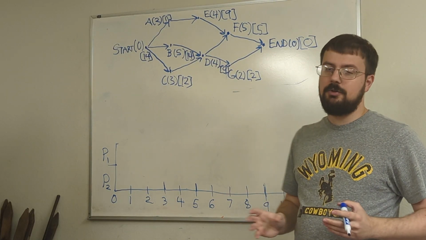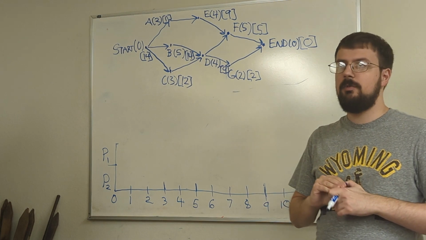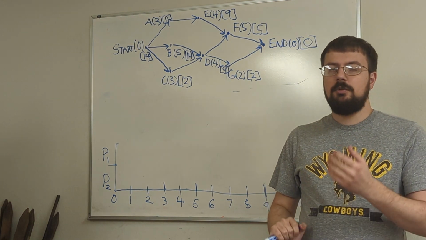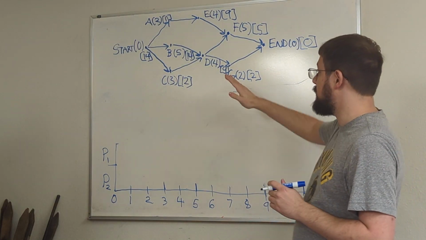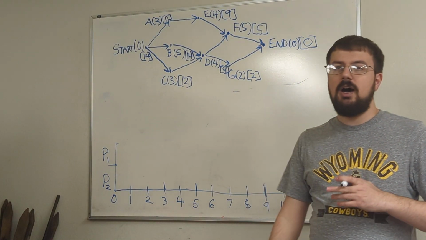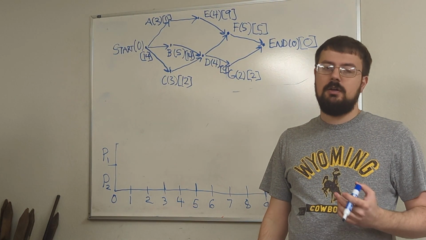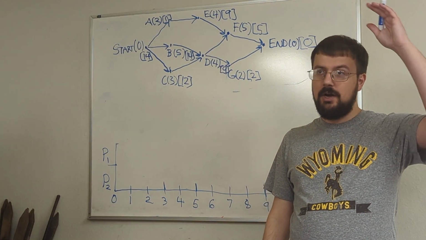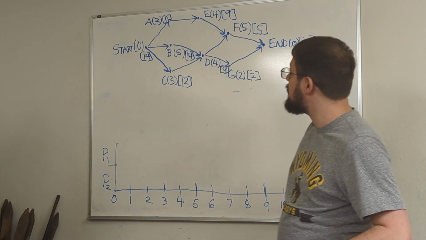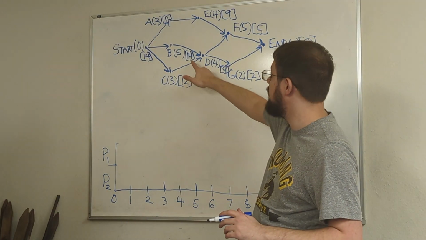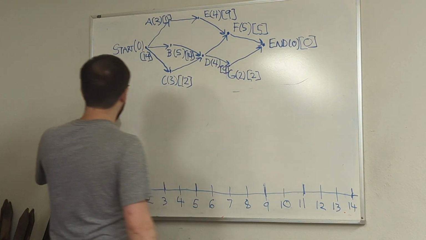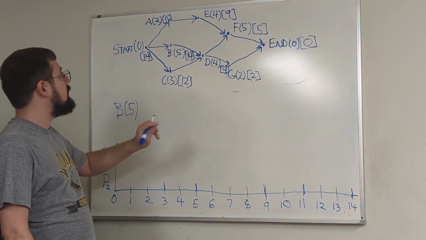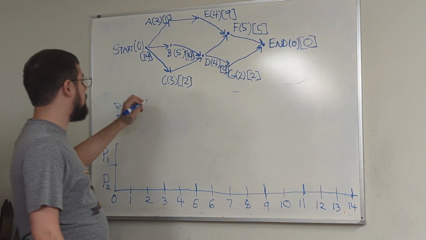Now, the next step is to create our priority list. When we are using the critical path algorithm, we create the priority list starting with whichever task has the highest critical time rather than processing time, and then go from there down. So the highest critical time that we see on here is B at 14. So B5 is going to be first on our priority list. Next, at 12, we have C3.